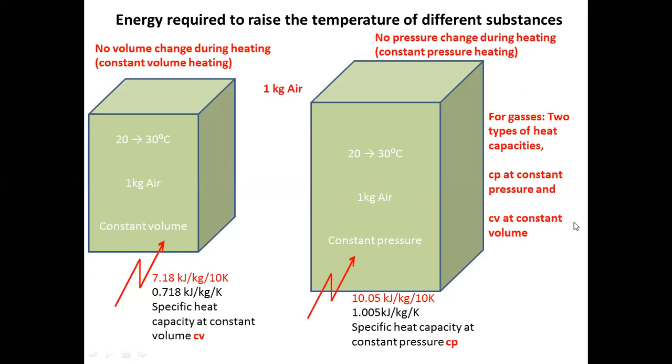It tells that for gases there are 2 types of heat capacities because of this wonderful nature. For constant pressure, the heat needed for raising the temperature; for constant volume, the heat needed for raising the temperature. We call this CV for constant volume, CP for constant pressure.